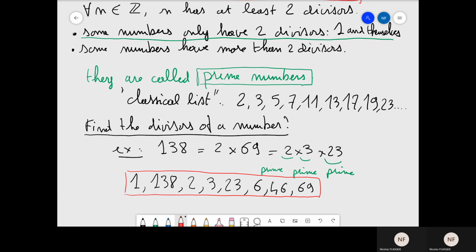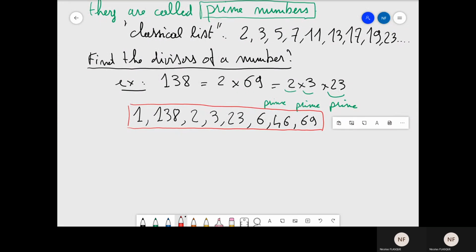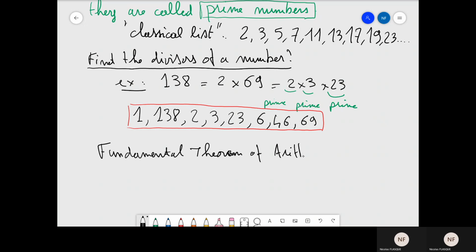And what you can see is that in order to find this list, the easiest way is to make a decomposition of my number, here 138, as a product of prime numbers. So from this example, I can now talk about the fundamental theorem of arithmetic.